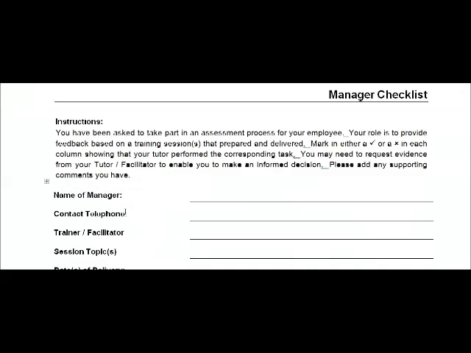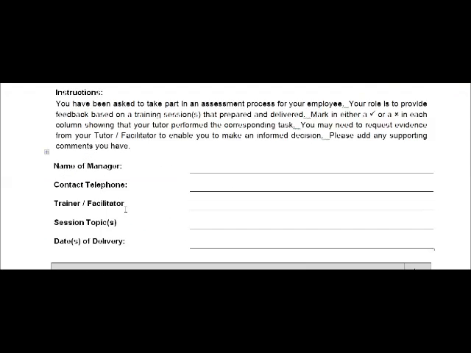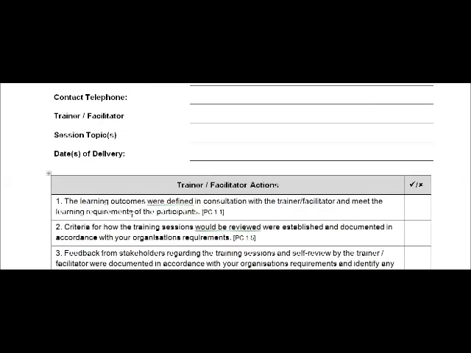Now, guess what? We're almost there. This last bit here is just your manager checklist. So once you've completed those 3 training sessions, you need to have your manager look through that evidence that you've collated together, which includes your session plans, the feedback, the observation forms, the feedback forms your learners did, your reflection, and just go over that with your manager.